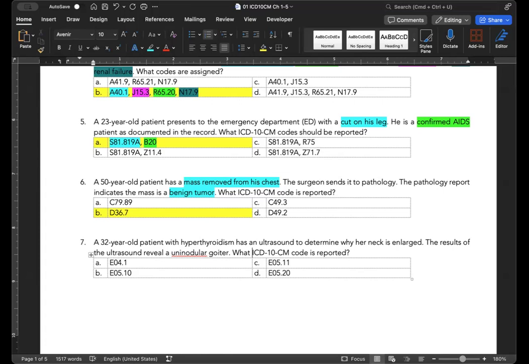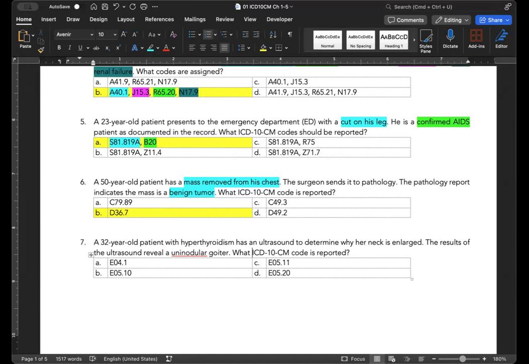Uninodular. Okay, yep. We'll go down to uninodular. And then we're going to go to toxic or with hyperthyroidism.